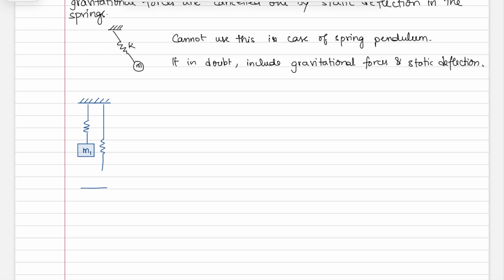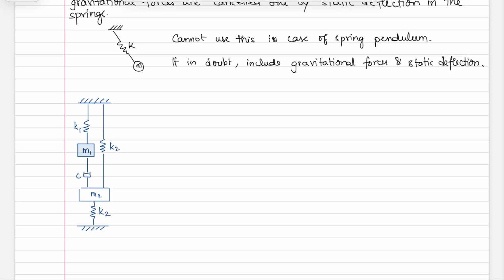And then you have another mass of M2 here. And between the two of them, there is a damper given by C. This here is K1, this here is K2. And let's say that with the ground, there is another spring that is K2.